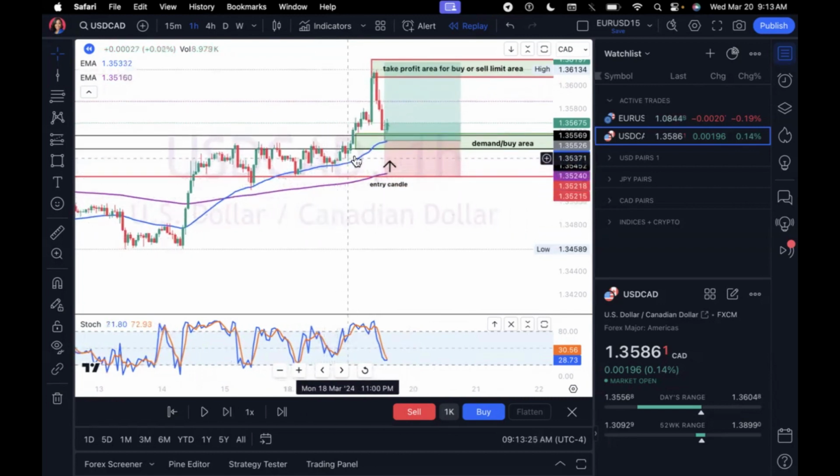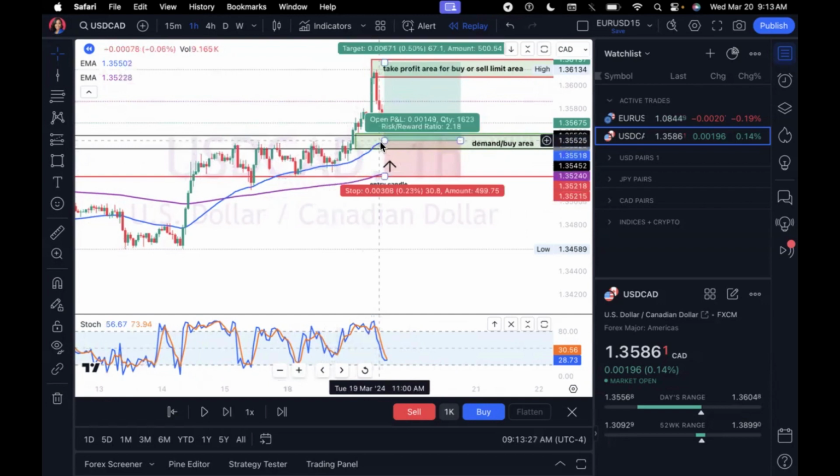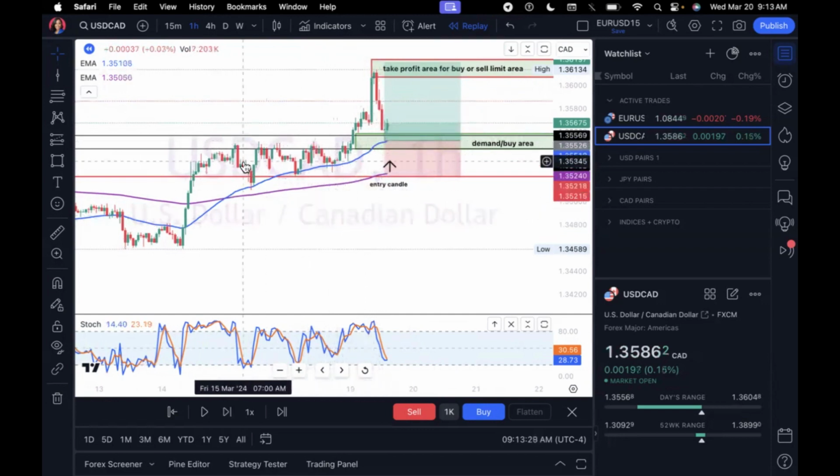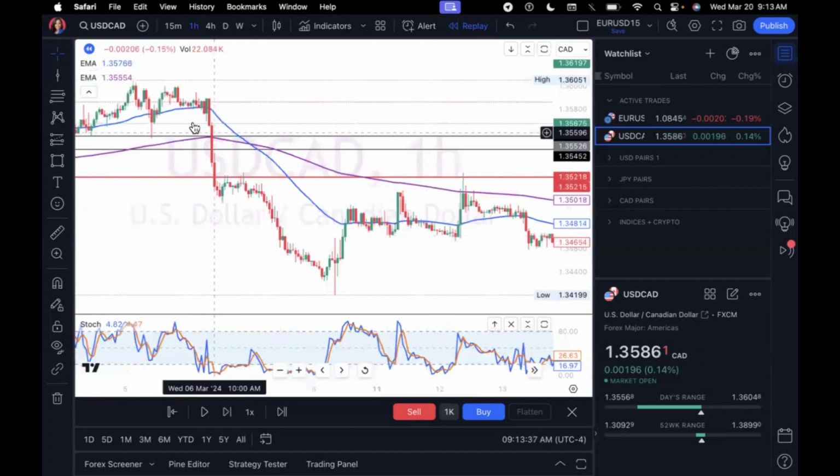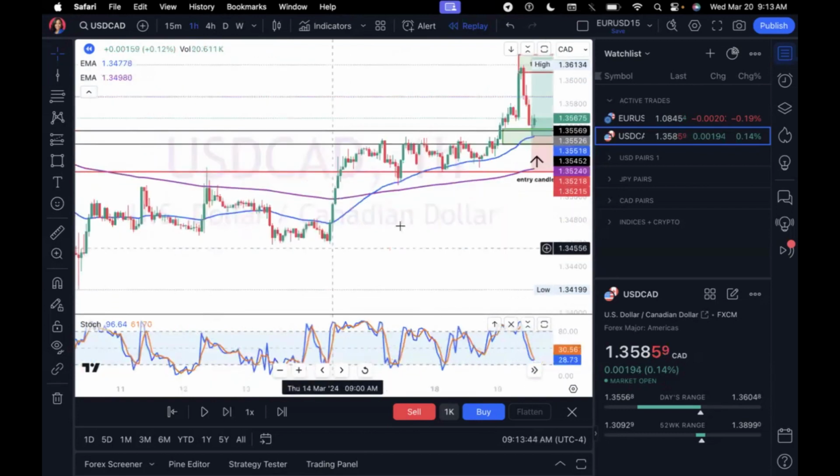So in this case, I can see that my candles were above both of my EMAs. And usually when you see the candles are above and just crossing above the EMA, the market will go up versus when the candles cross below one or both of the EMAs, the market will tend to go down.